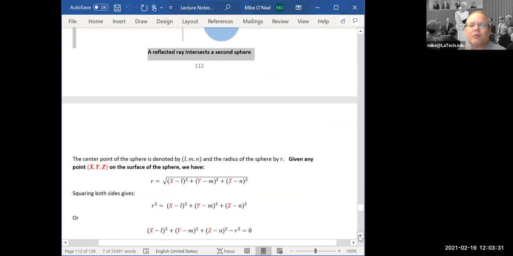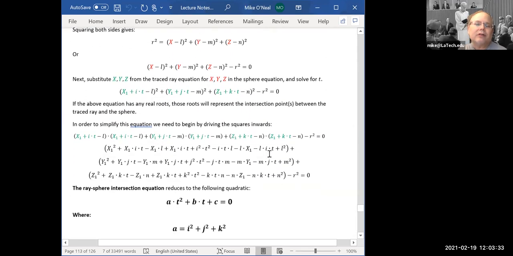So I'm going to substitute the x, y, and z from the ray traced equations for the x, y, z in the sphere equation. So this red x becomes, well, what is x as far as the line is concerned? This y becomes, okay, what is y in the line equation? This z becomes what is z in the line equation. So now I've got this hairy thing, and I need to solve it.